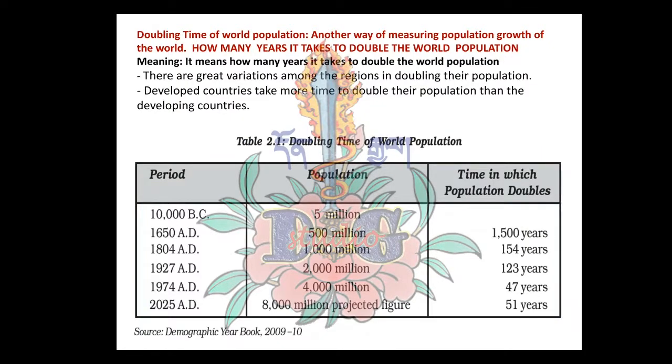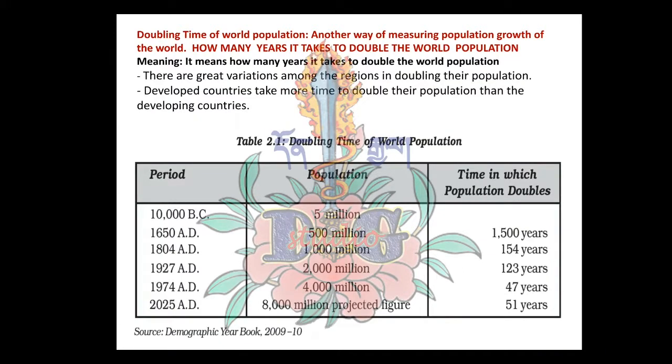Between 1650 and 1804, the world population doubles from 500 million to 1000 million. It takes 154 years.